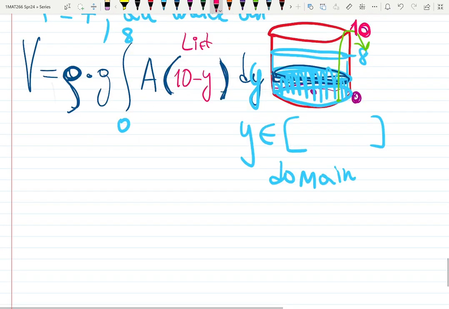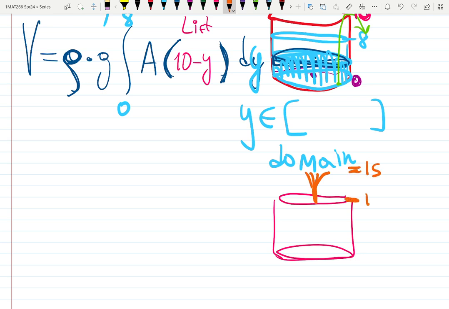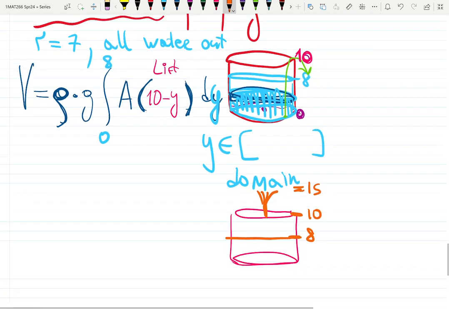If there's a fountain, which I can draw right now, if they have exactly the same problem, but there's a little fountain involved, and this fountain is at the level 15, the container is 10, the water is still 8, like so, then it's going to be what?